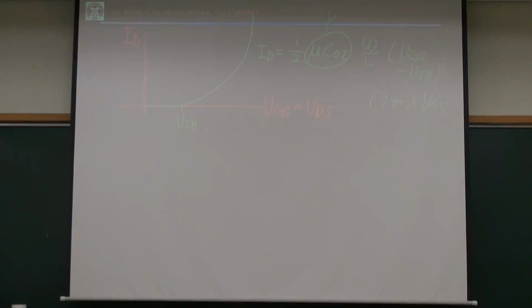This is my KP, right? So if you plot square root ID versus VGS minus VTH, it will look like that, right? Okay, something like that. So you can get KP.